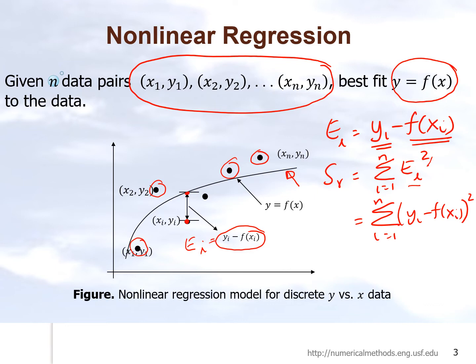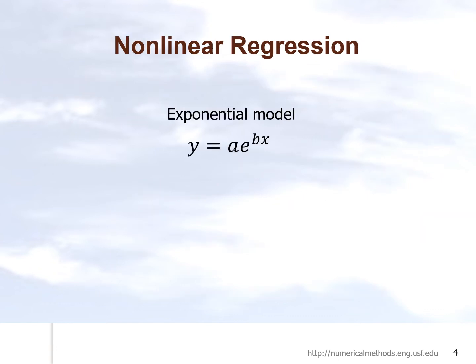We want to minimize this S_r with respect to the constants of the regression model of this function f. As I was mentioning, if it's a straight line, it'll be the intercept and the slope. Similarly, the nonlinear regression models have similar constants with respect to which you want to make S_r as small as possible.